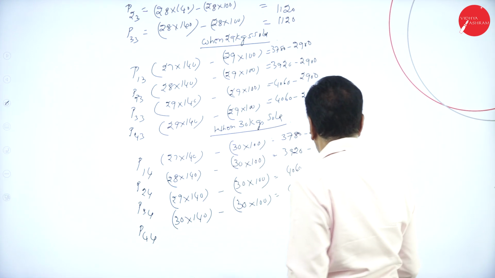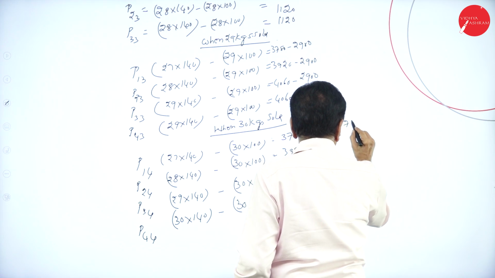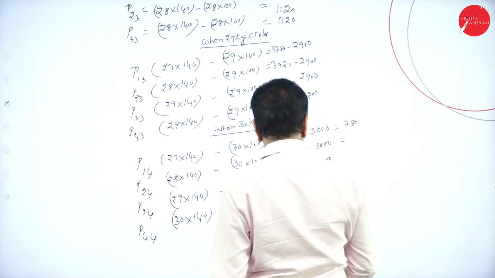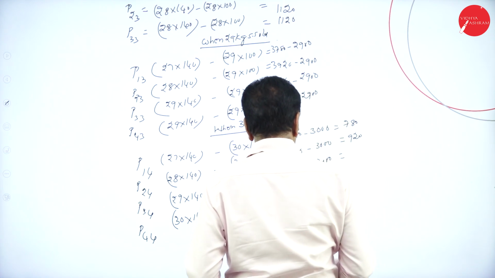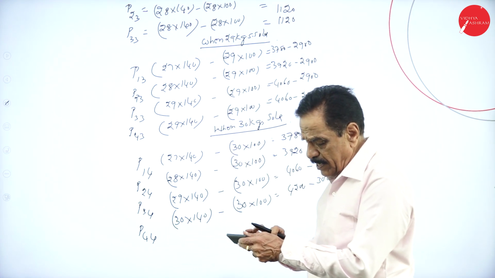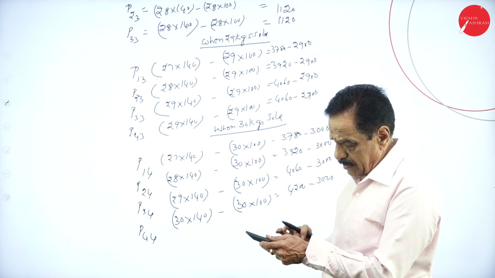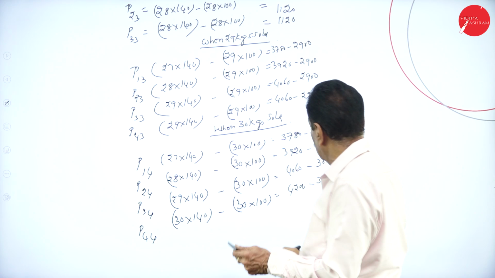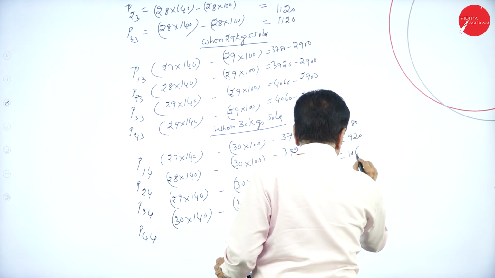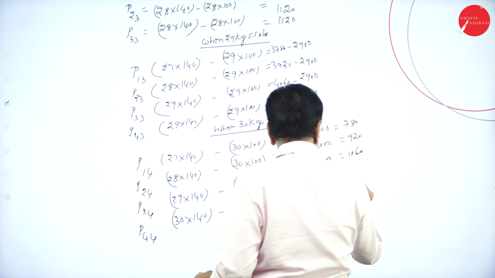It is 780, 920, 4060 minus 3000, 1060, 1200.